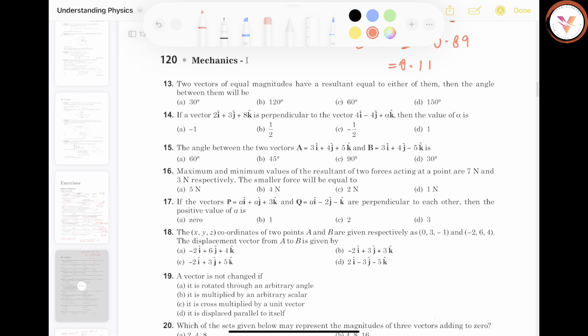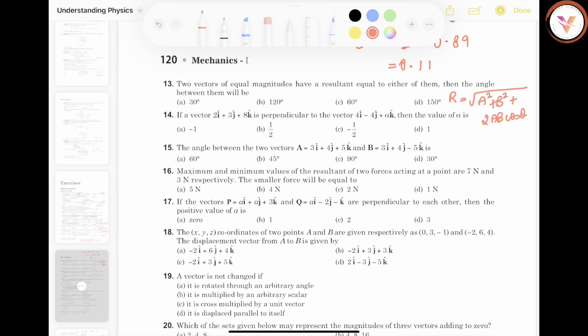Okay. Next is two vectors of equal magnitude have a resultant equal to either of them. Then the angle between them will be. You have the resultant R is equal to the square root of A square plus B square plus 2AB cos theta.